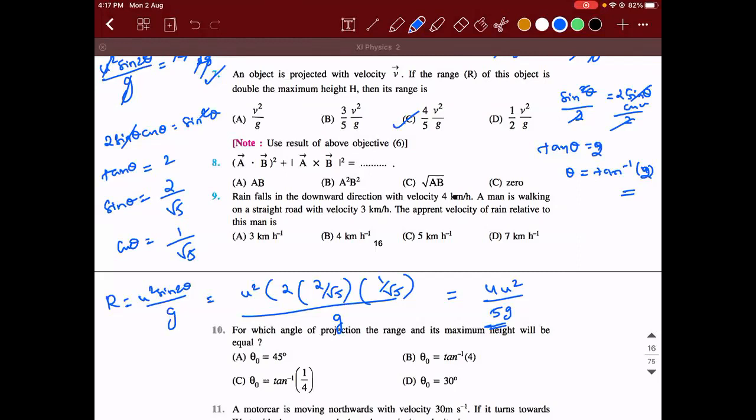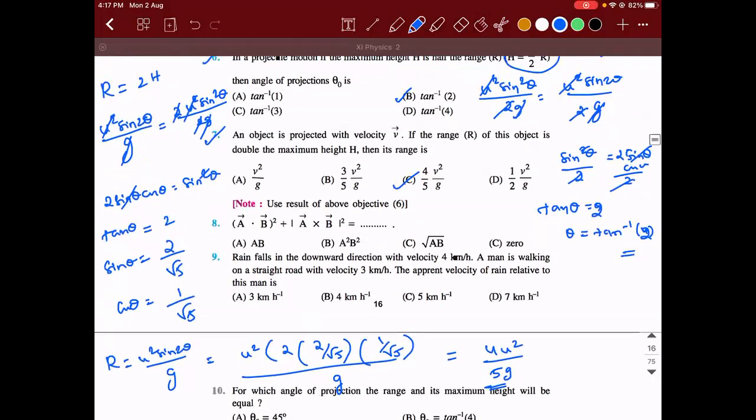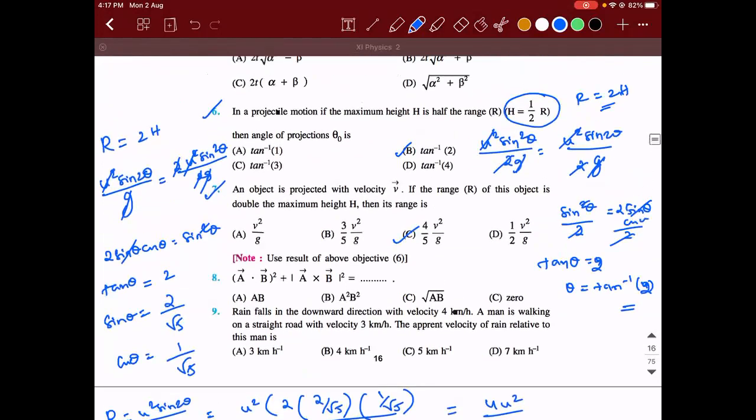Sir, can you once explain what you did in the previous sum? No, I didn't understand what you're asking. Sir, in the sixth sum, it is not clear what you did, sir.